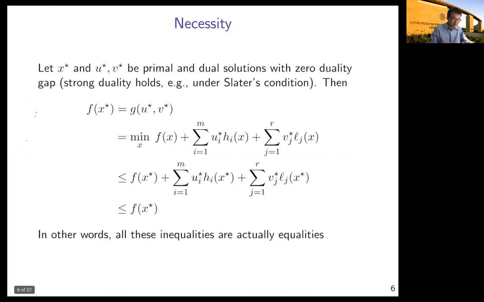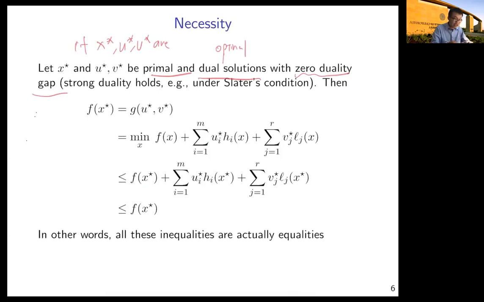First, let's consider working out this set of inequalities. So let's first consider the direction of showing the necessity of the KKT condition, saying that if x star, u star, and v star are optimal solutions, and in addition, let's assume that we have zero duality gap.